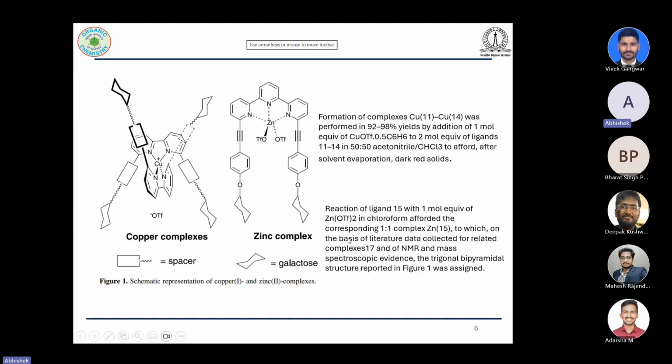Yes, actually, I also didn't understand how this mass spectroscopic evidence can prove that this is TPP and this is tetrahedral on the basis of mass spectroscopy. So since you're telling, they have concluded based on the NMR, that can be done probably. Okay, good.